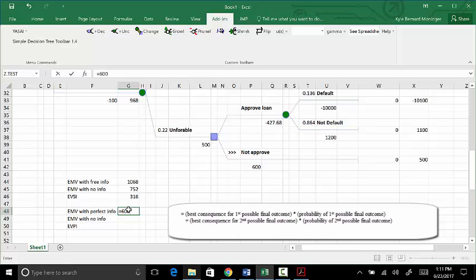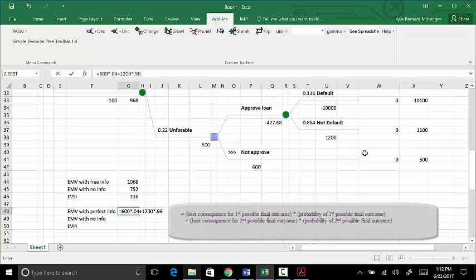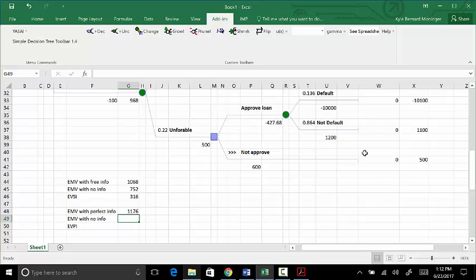That gives me a profit of $600. The probability of the customer defaulting is 0.04. I'm going to add it to, if I know for sure that the customer will not default, then the best option for me is to approve the loan for $1,200 and multiply that by the probability of the customer not defaulting. That's my EMV with perfect info.